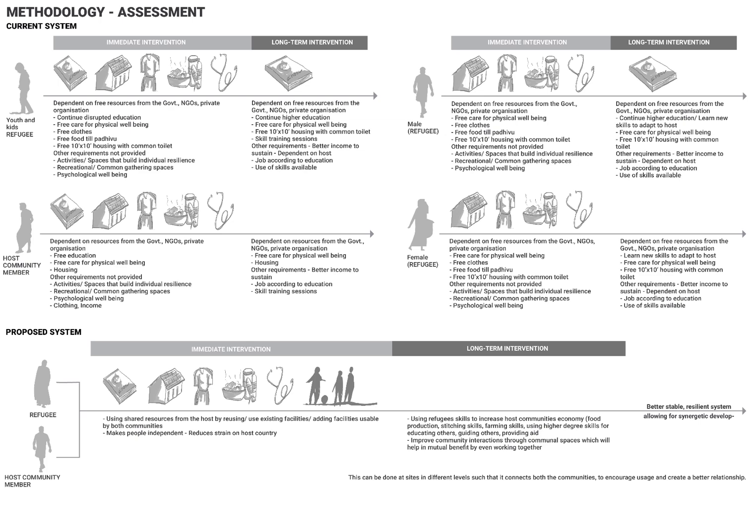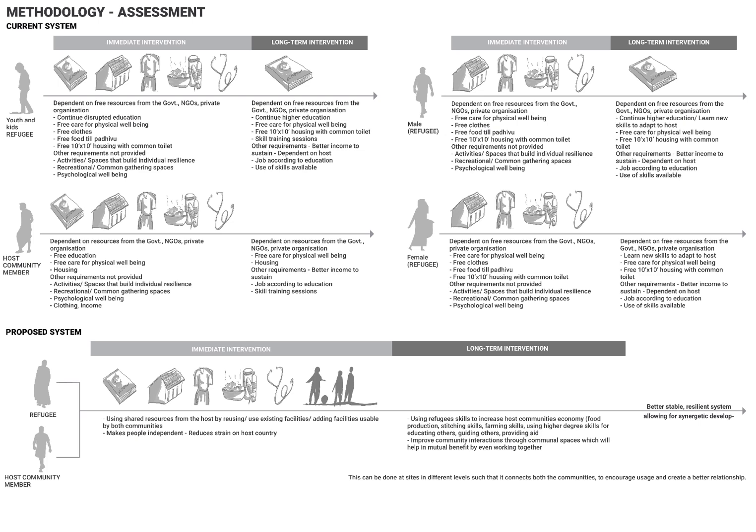When we look at the host communities also, they face similar issues just like the refugee communities. If we look at it deeply, there are people in the host communities also who don't have access to housing or basic infrastructure as well. When we look at it through that lens, we realize that both their interventions can be synergetically integrated easily.